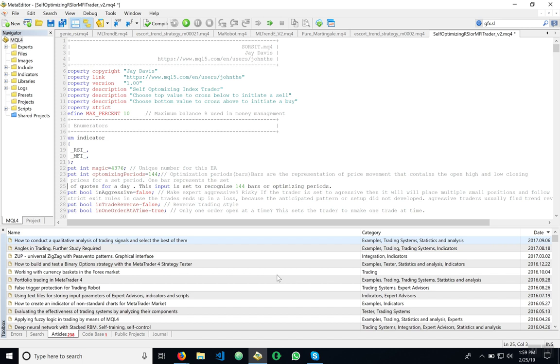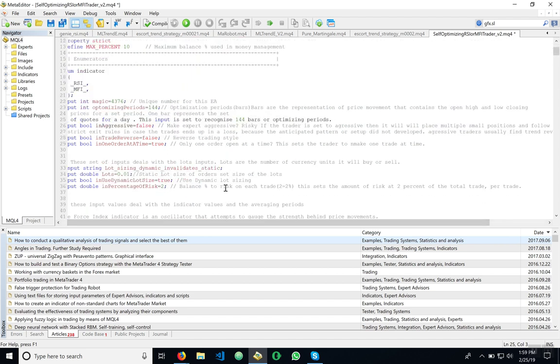So it focuses on the overbought and oversold levels in the trades to go ahead and make either profitable or break even trades. And it does this by focusing on, like I said, the overbought and oversold levels in specific periods. So first off, let's look at some of the input values that are important to this trader.